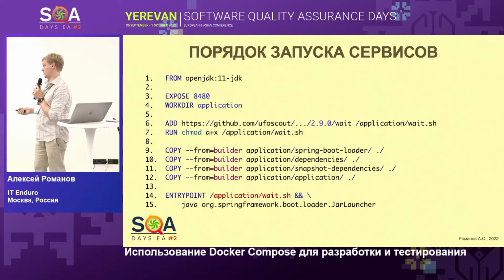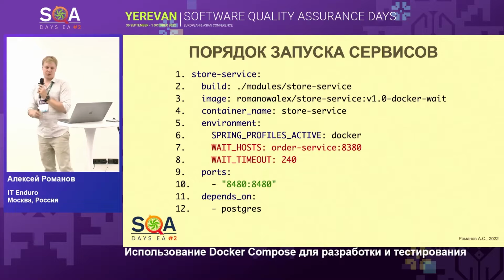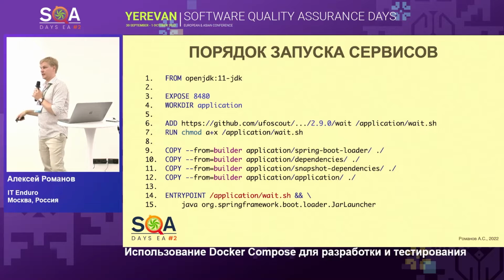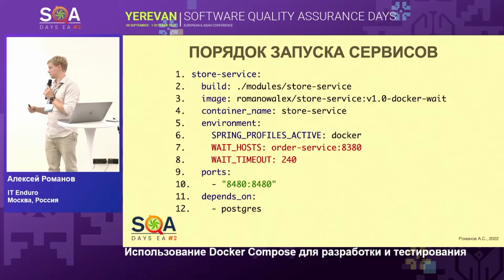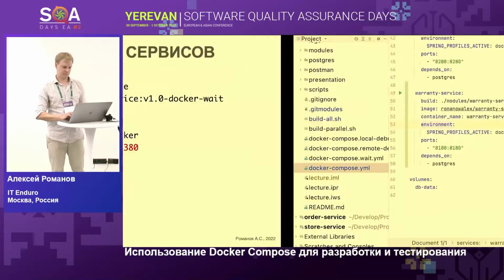In the entry point, besides launching an application, when starting, we need to add wait host and wait timeout. So wait-for-it is waiting for the availability of hosts for 200 milliseconds. If they are not available, it crashes. If they are available, it launches. Let's have a look at how it works in reality.